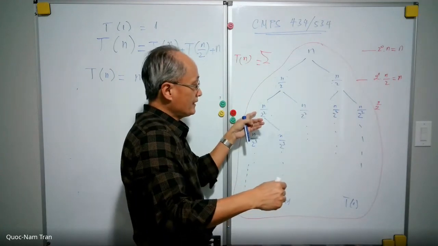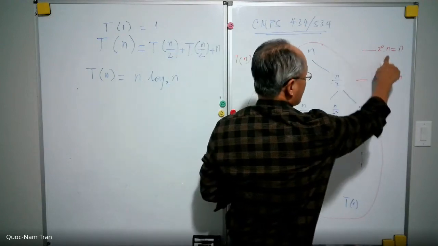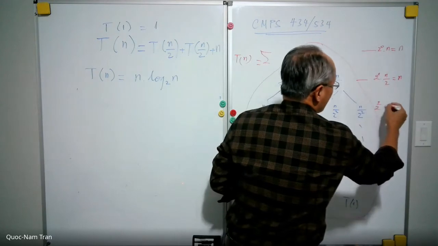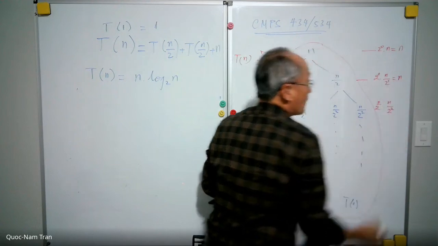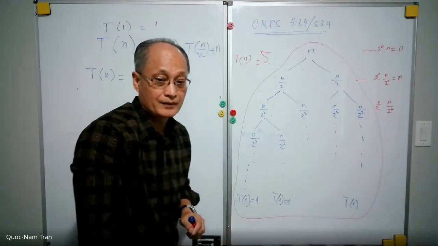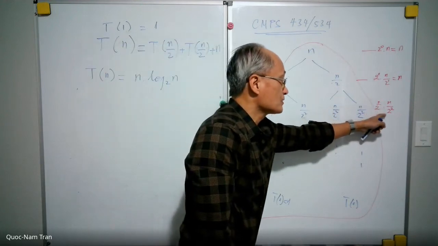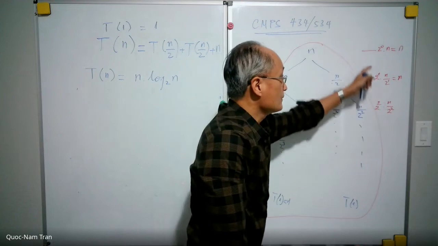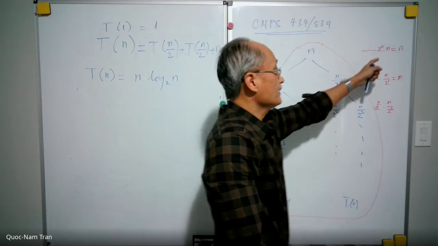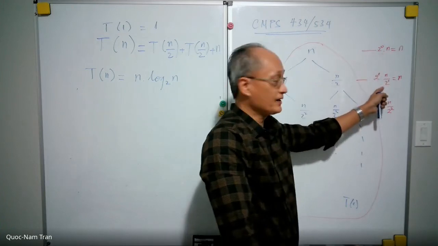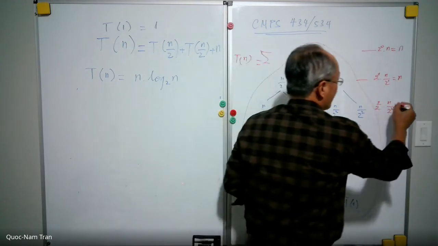Times the value at each node. We know that the first one is n, the second one is n/2, and the third one is n/2 squared, so we have n divided by 2 squared. So the number of nodes doubles every time, the value is cut in half every time, right? But when we multiply them, we still have n.